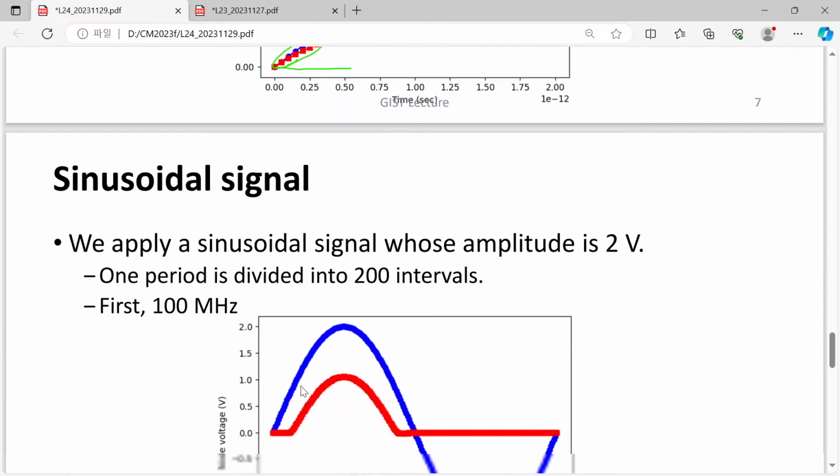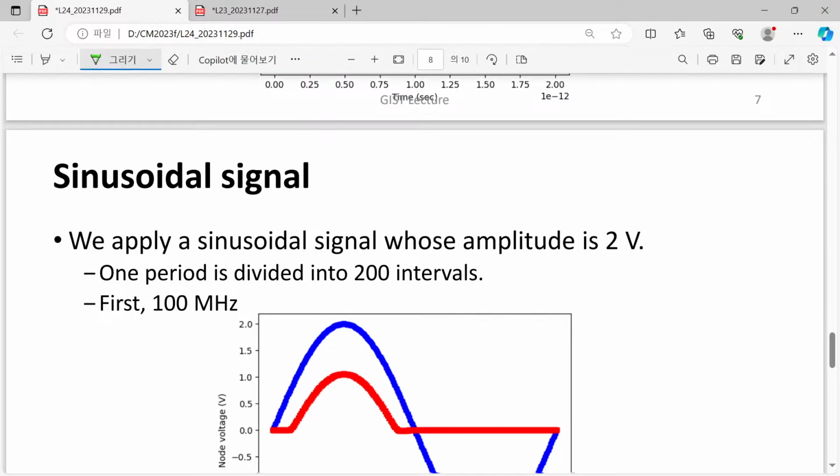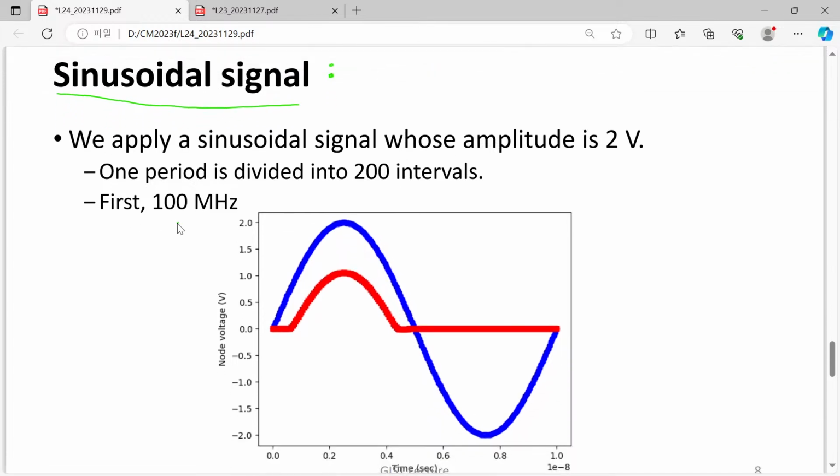So now, instead of this linear ramping, in this slide we are considering the sinusoidal signal. The sinusoidal signal is used for practical cases, and when you apply a sinusoidal signal at a relatively low frequency, 1 megahertz, what happens is shown here.